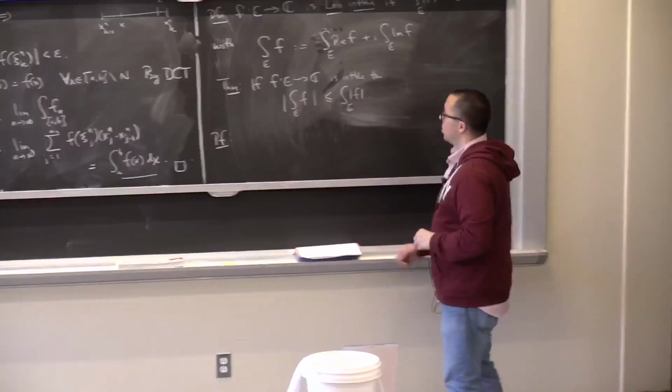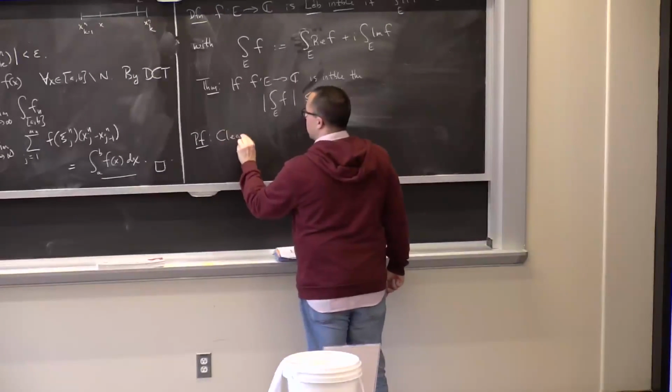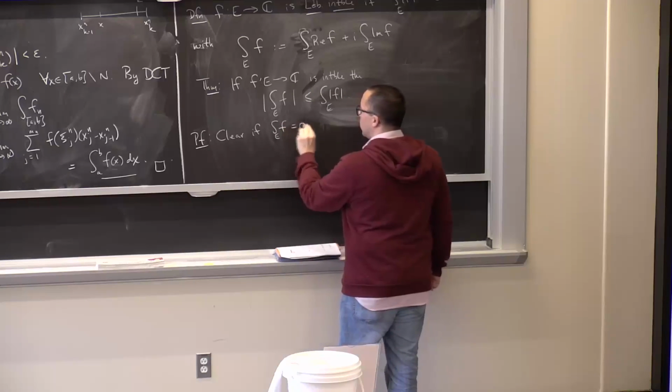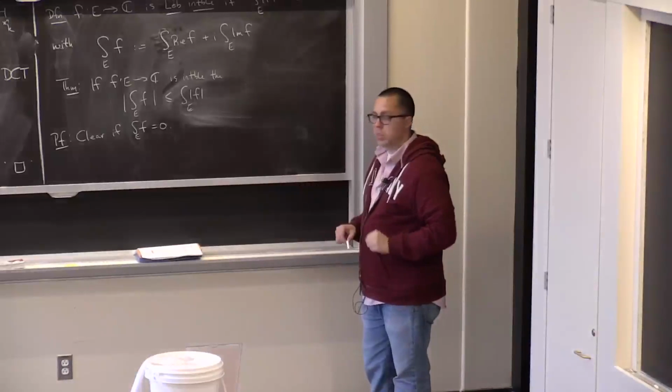So what's the proof? If the integral of f over E equals 0, then that's just clear automatically. So let's assume it's not equal to 0.